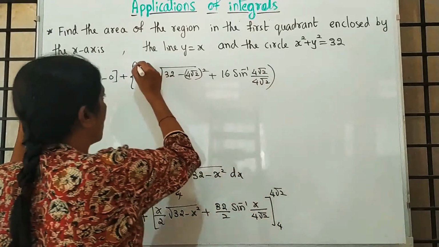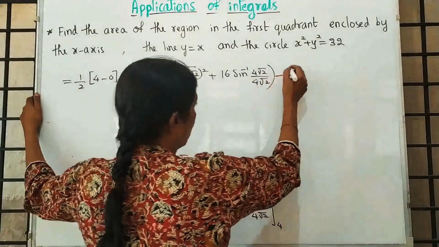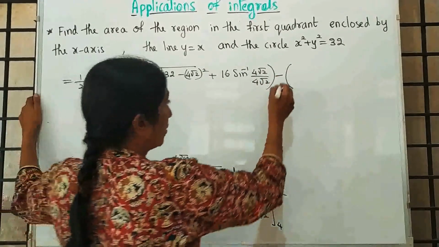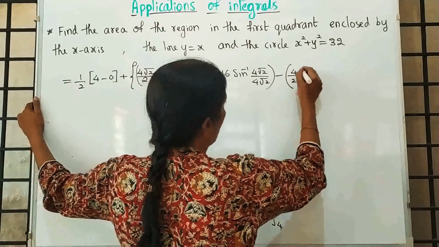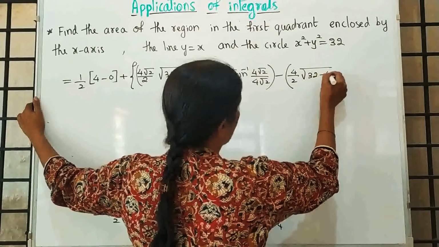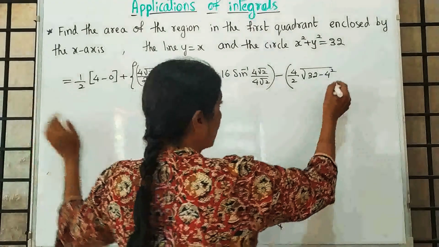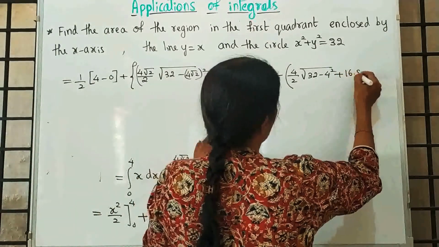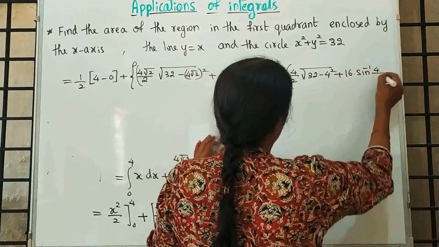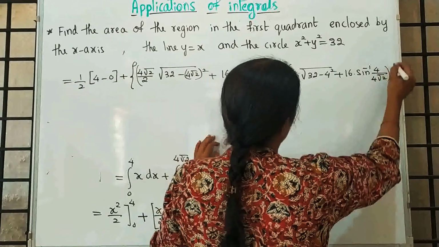This completes the upper limit. Minus the lower limit, what is it? 4 by 2 root of 32 minus 4 square, plus 16 into sin inverse of 4 upon 4 root 2.